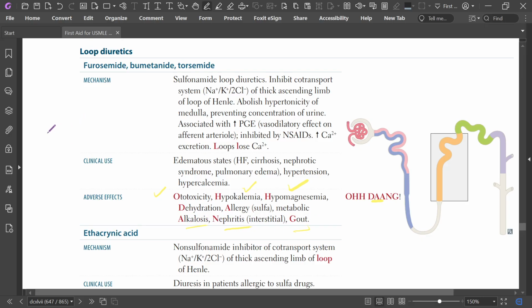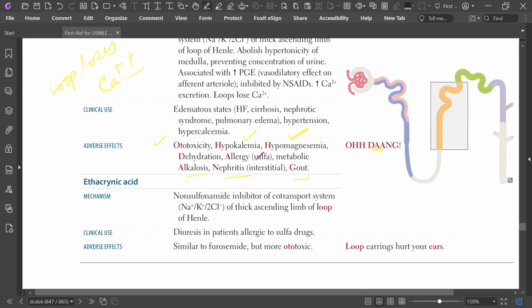Another thing to remember is that loop loses calcium. I have told you plenty of times: loop loses calcium. So in loop diuretics there is hypokalemia, hypocalcemia, and hypomagnesemia. Got it?